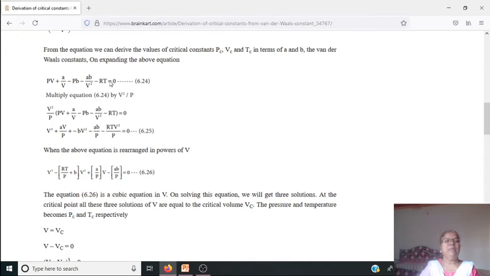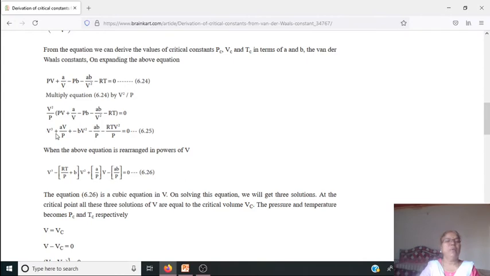Multiplying this equation number 6.24 by V square and dividing by P, we get V square by P in a bracket PV plus A by V minus PB minus AB by V square minus RT is equal to 0, and this V into V square becomes V cube.